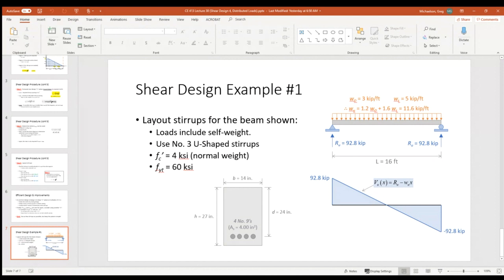If everybody is good, I'm going to stop sharing this PowerPoint, and then I'm going to turn on my OneNote so I can begin these calculations. So give me 1 second. I believe this is the screen.